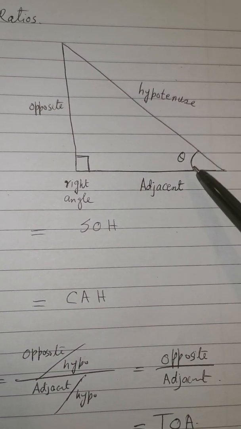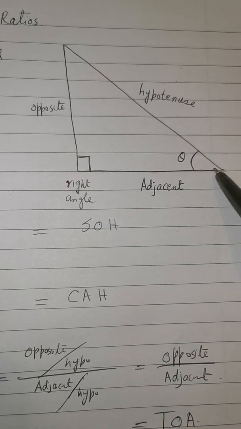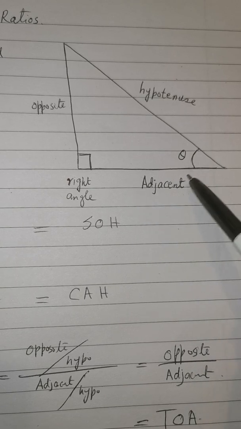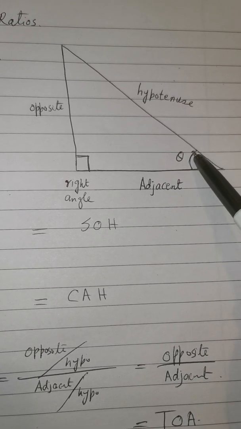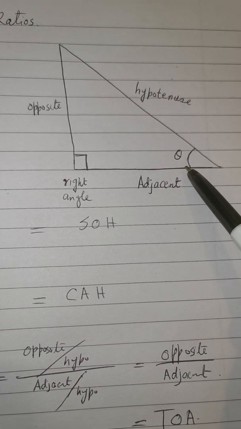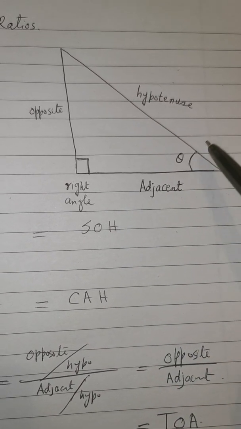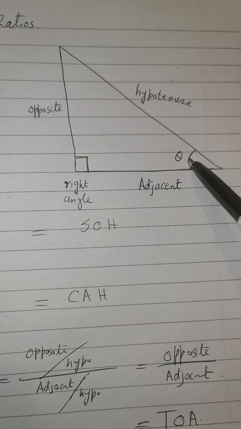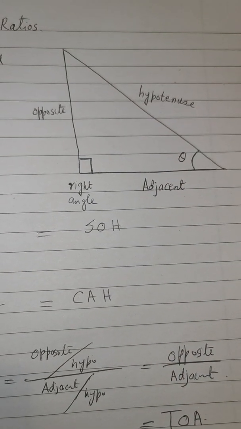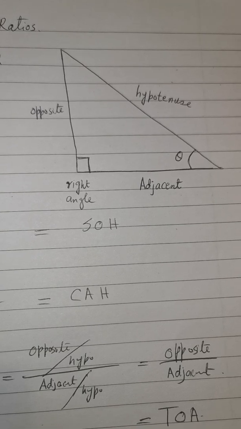The side which is adjacent to theta is called adjacent. As you can see, this side is adjacent to theta, so it is called adjacent. And the side which is opposite to theta is called opposite, right?